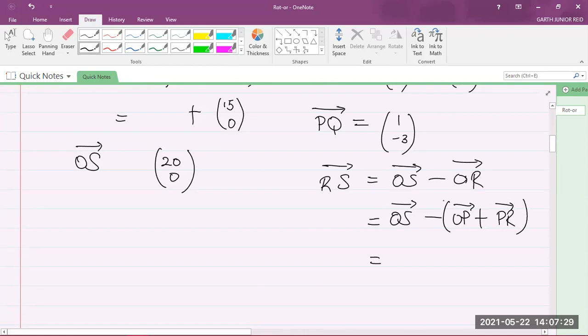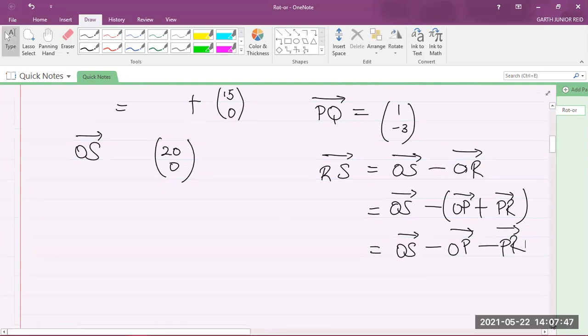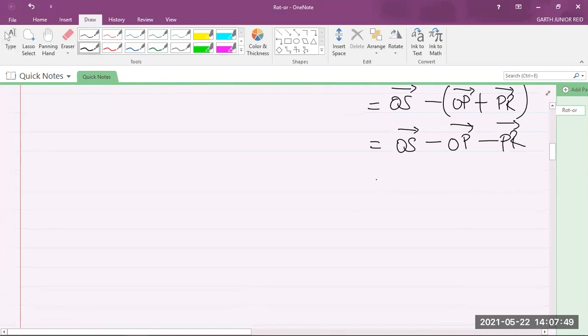So I'm now going to distribute the negative sign inside the brackets, which means that each term inside the bracket will be affected. So I'm now going to write the vector OS minus the vector OP minus the vector PR. That is what I would get when I distribute the negative inside. But we already know what the vector OS is.